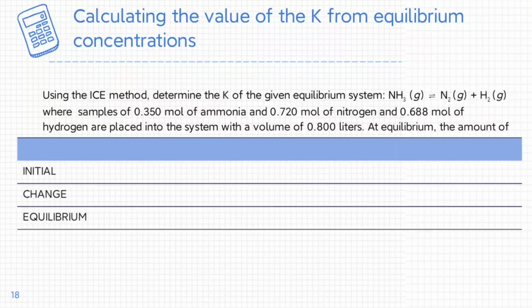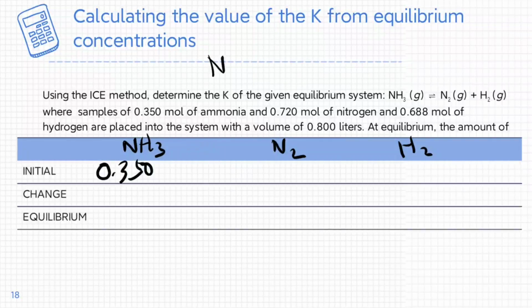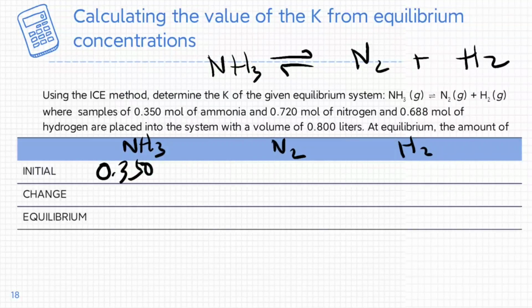For samples of 0.350 ammonia, so initial na to, no? So 0.350. So meron tayong NH3 dito, tas N2, and then H2. Okay? So balance na ba yan? So balance muna natin. NH3, N2 plus H2.